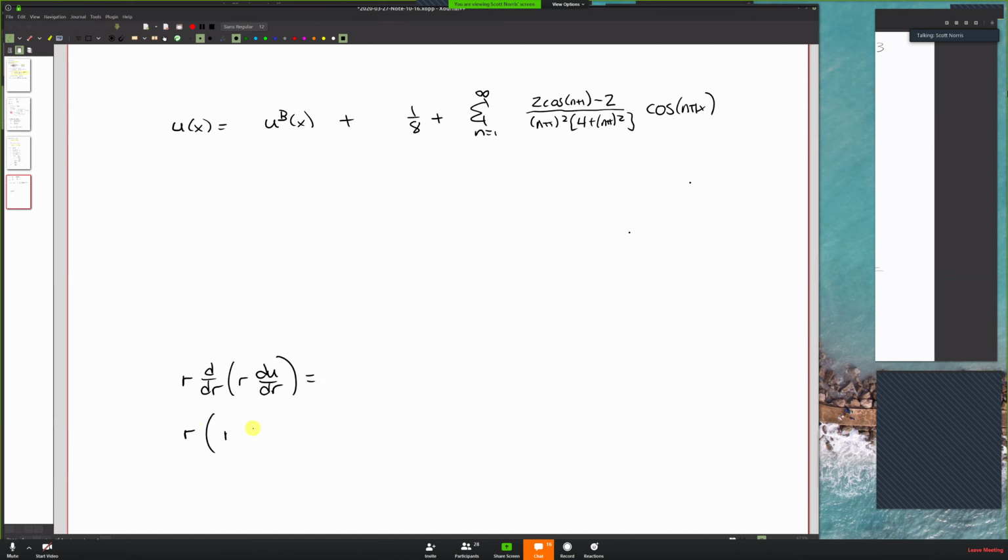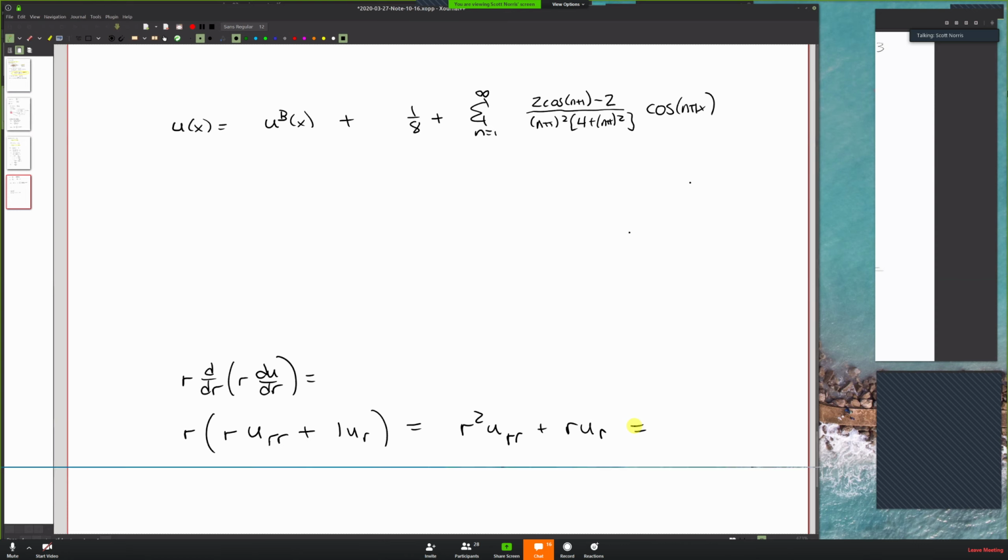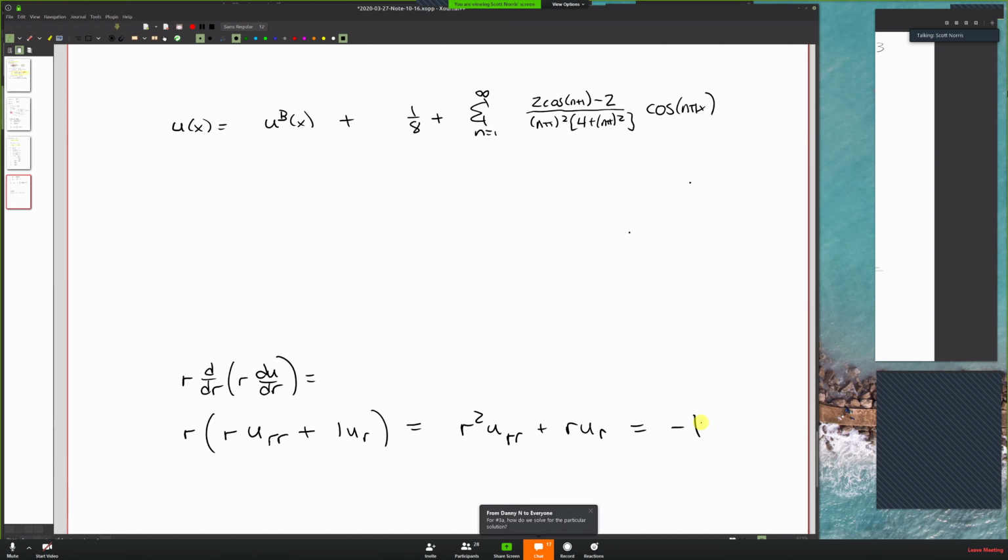We get r times the second derivative of u, plus 1 times the first derivative of u. And so that's just r squared u_rr plus r u_r equals -1, which is the standard form of the problem as written out in the homework.